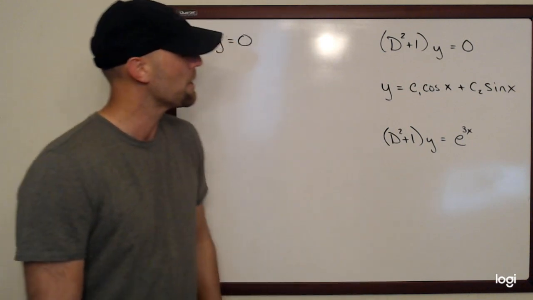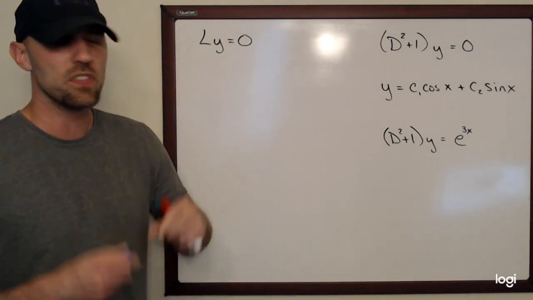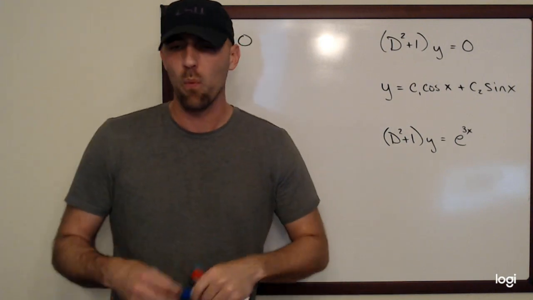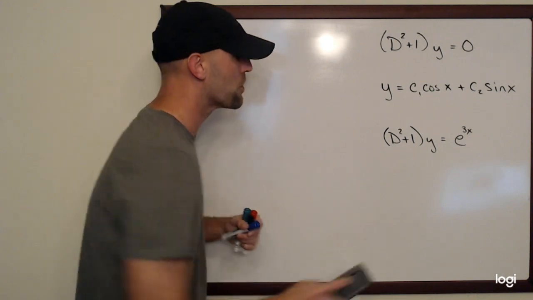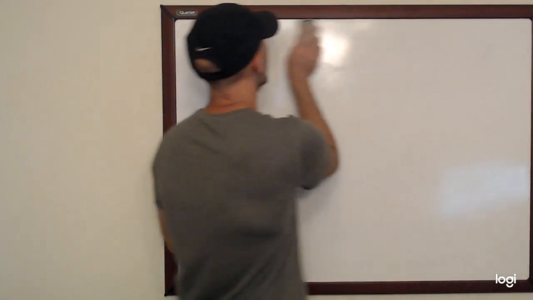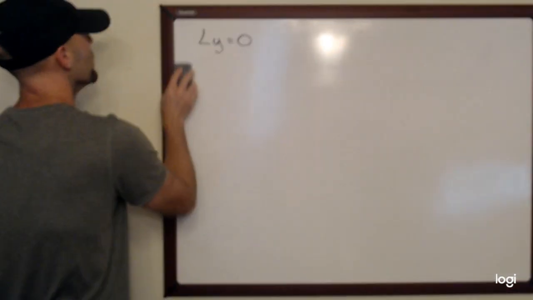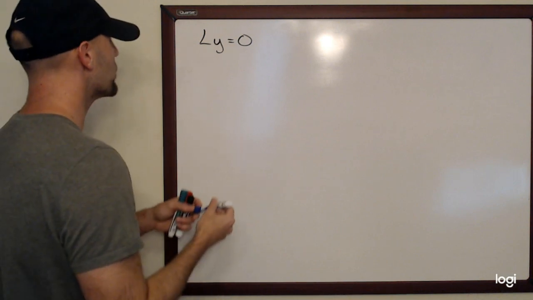Let me talk about what this is actually saying, and I'll give you a proof for why it works. That little bit of extra that we're looking for when solving a non-homogeneous version of these differential equations is called my particular solution.